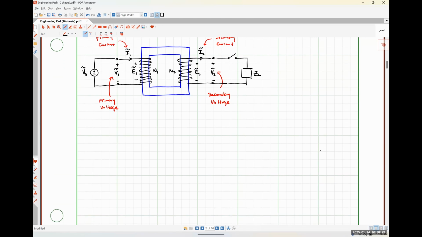So the transformer can be considered ideal if it has the following properties.